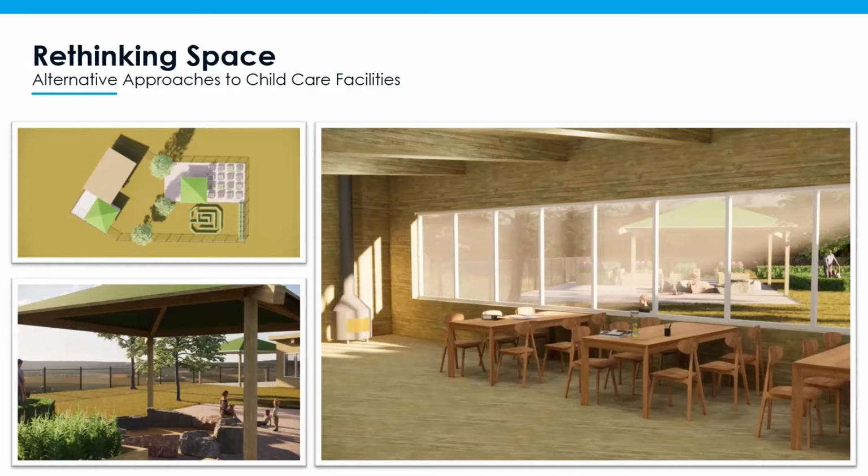So the building, which we're referring to as the warming hut, would only provide enclosure from the outdoors and plumbing facilities for the staff and children. It would primarily be used for storage during the day and as a classroom setting when there's inclement weather or when it just gets colder outside, depending on the location. This concept would provide children with much more space than they would have indoors, and can help redefine what a traditional classroom setting can be.